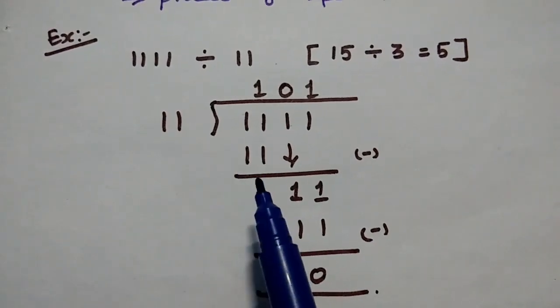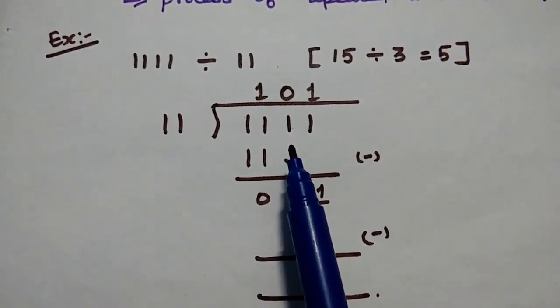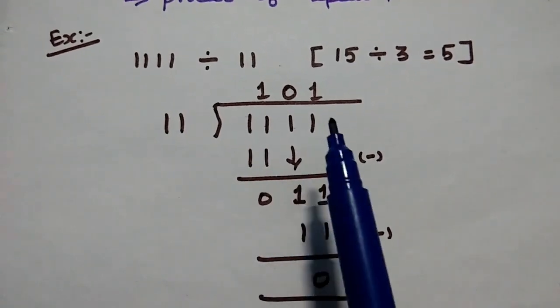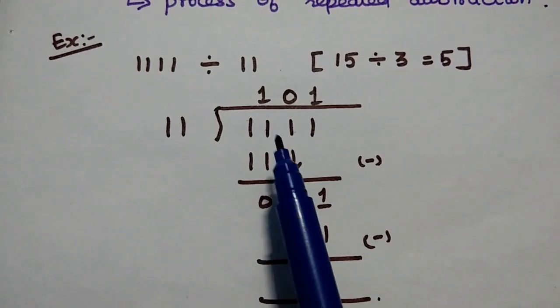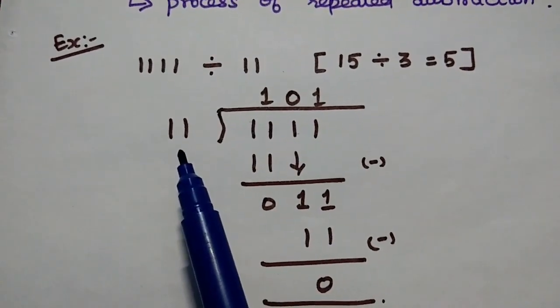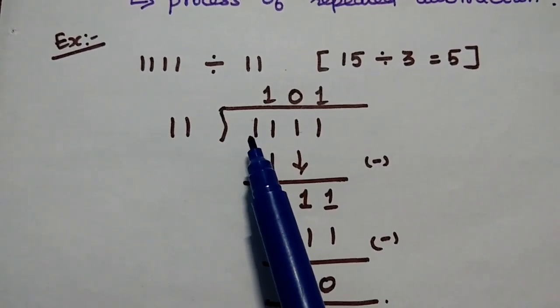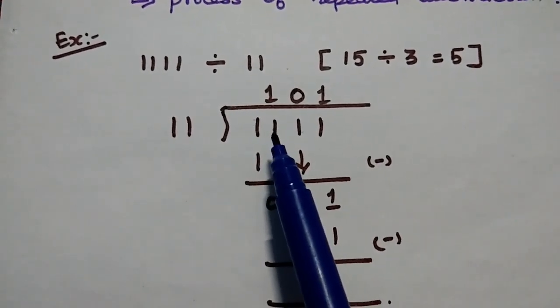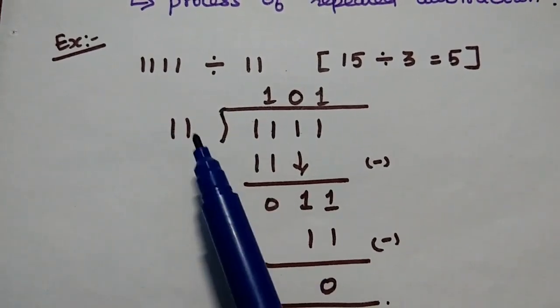So in the very first step, we are going to examine the bits of the dividend from left to right until the set of bits represents a number greater than or equal to the divisor. In this dividend, the first bit is 1. That is smaller than 11.